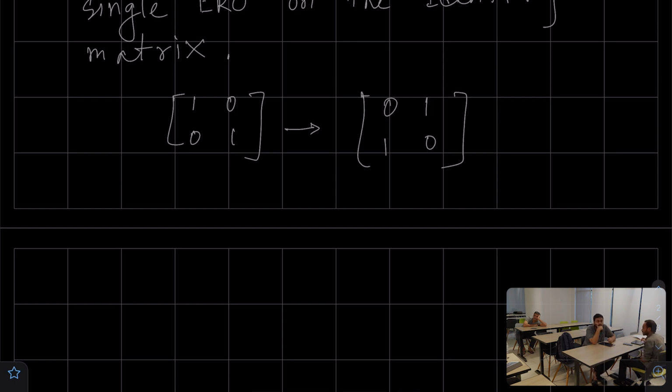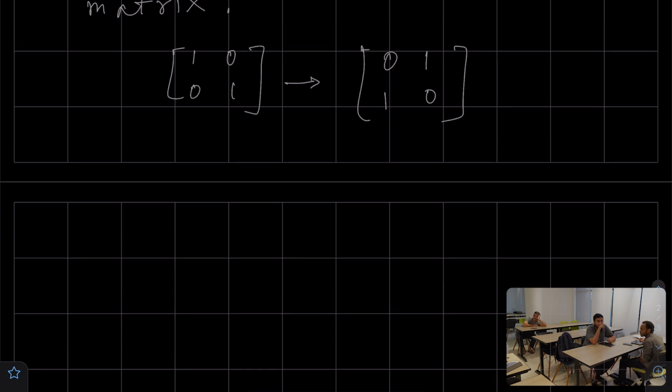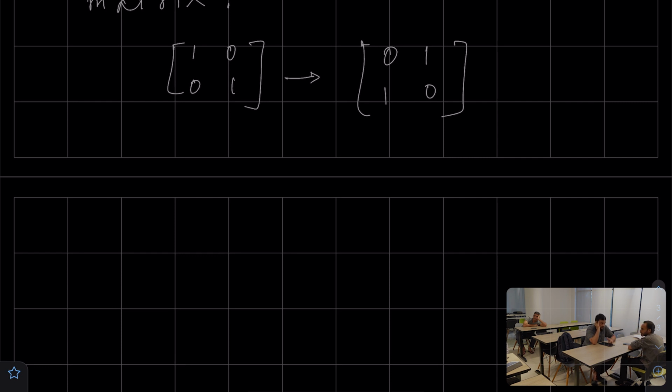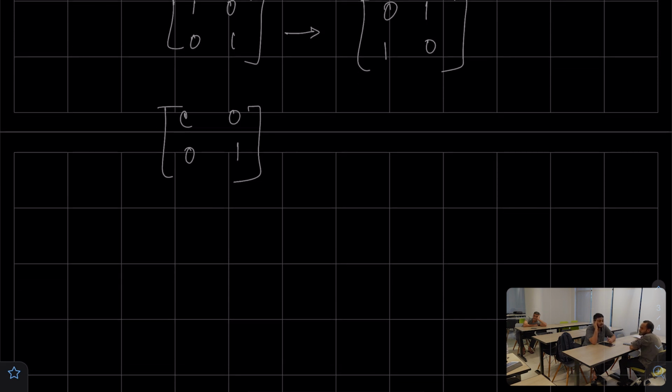Then another is multiplication: I can multiply a row by a number C from the field, so C, 0, 0, 1, that is also an elementary matrix. Then you can construct another matrix from this. Which one is that?